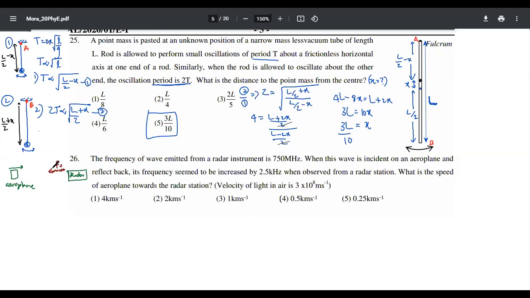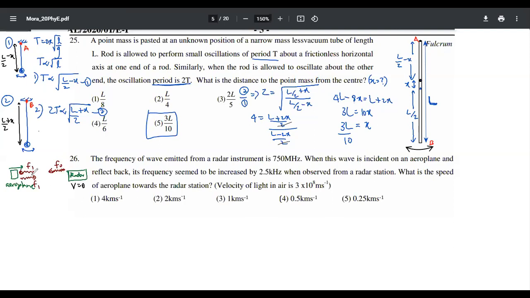And when that wave reaches the aeroplane, it will not reach at f0 frequency, it will reach at f1 frequency, a different frequency, because there is a relative motion between aeroplane and radar. The radar is at rest. And then the wave will hit the aeroplane and bounce back at the same frequency f1.